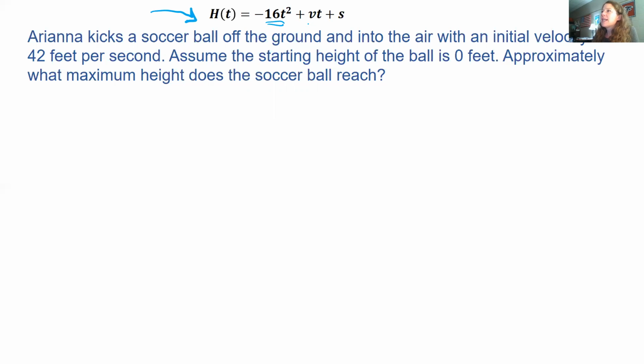This is going to be the velocity of whatever object you have put in motion, and our S is going to be the height of whenever our situation started. So our formula is negative 16 times t squared plus our velocity of 42 times t, and in this situation, our starting height is 0.